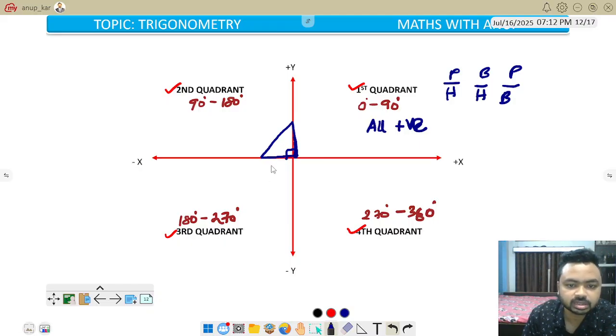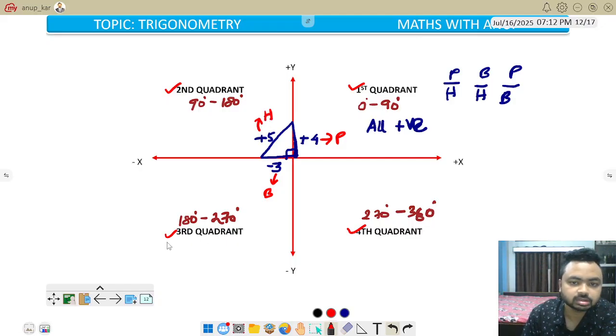Suppose this is -3, obviously it will be the negative x-axis, and this is my +4 and this is my +5. So this is nothing but the base, this is the perpendicular, and this is the hypotenuse.